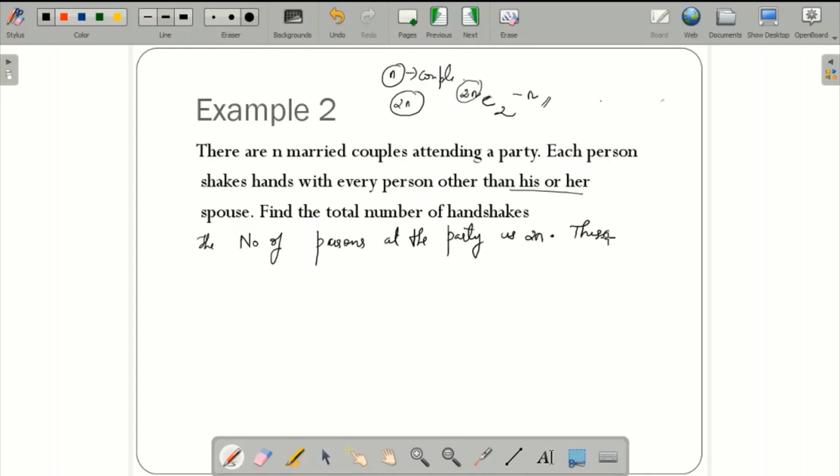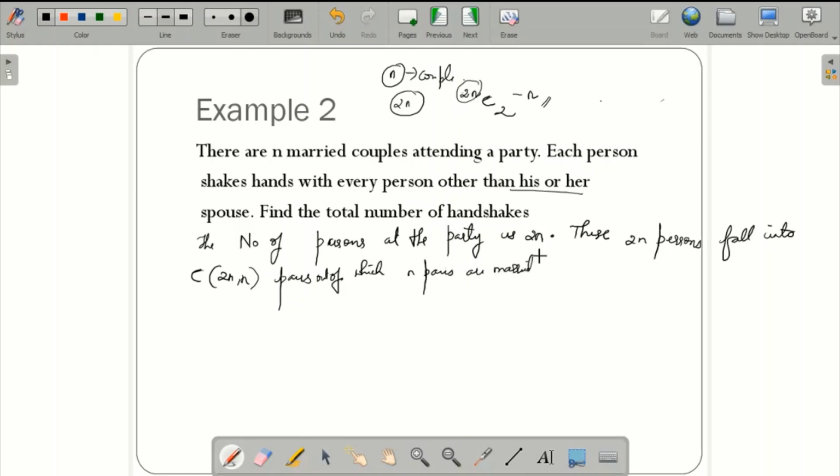These 2n persons fall into combination of 2n comma 2 pairs, out of which n pairs are married couples.